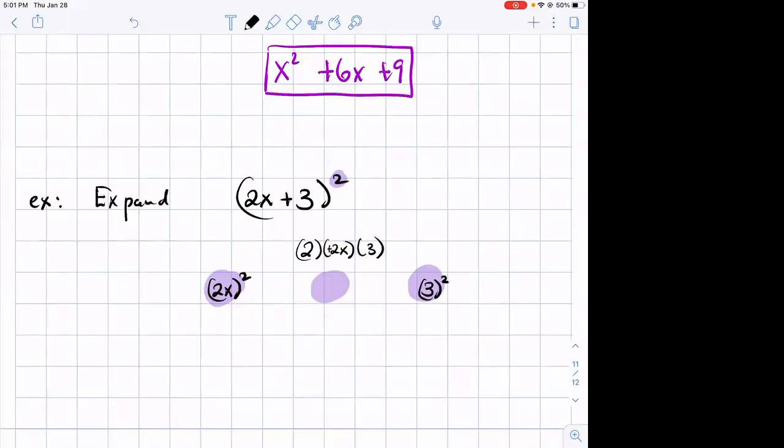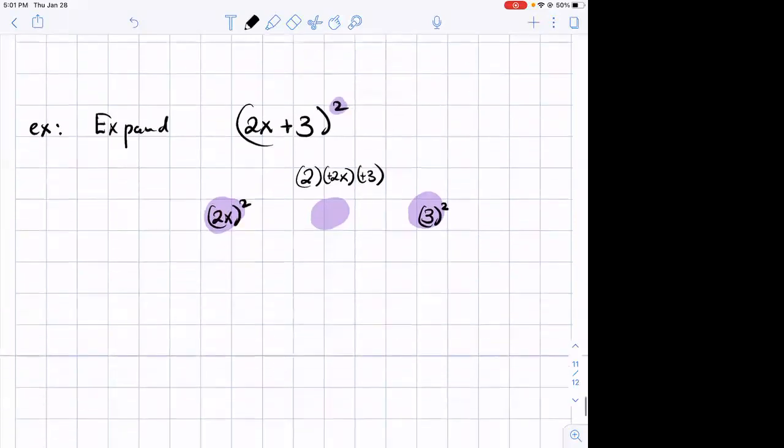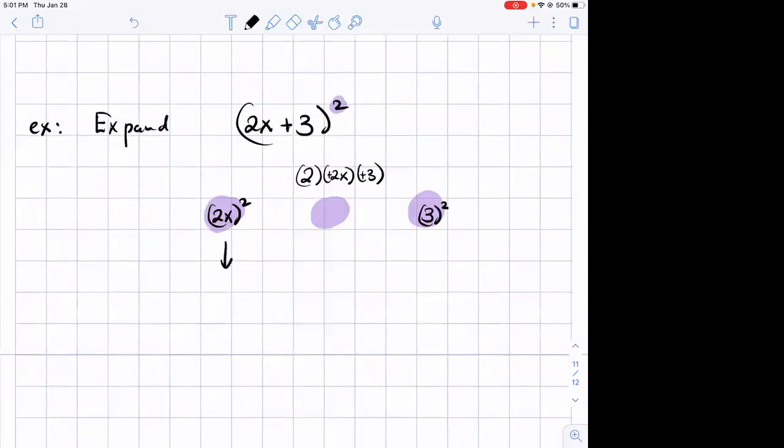And notice they're all positive. So if you square this, you get 4x squared. If you multiply these two, you get 4x times 3. This becomes plus 12x. And if you square this, it means 3 times 3, you get positive 9. So let me write this out for you here. You get 2x times 2x.